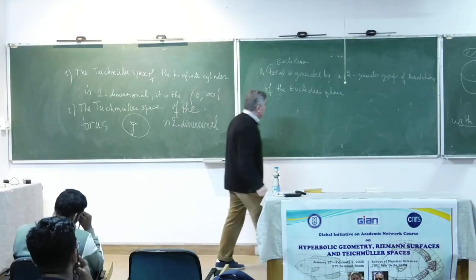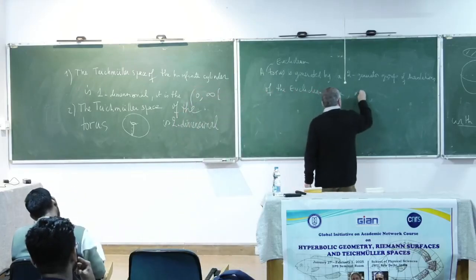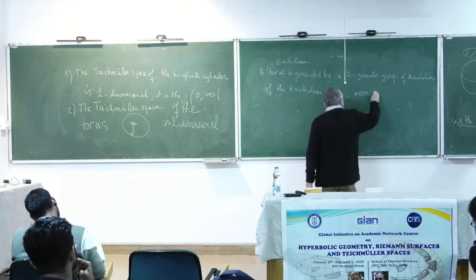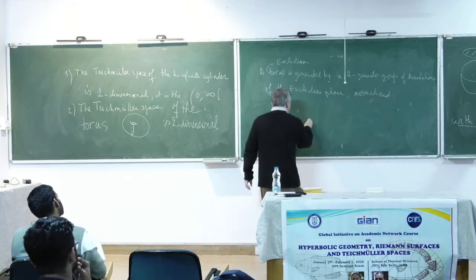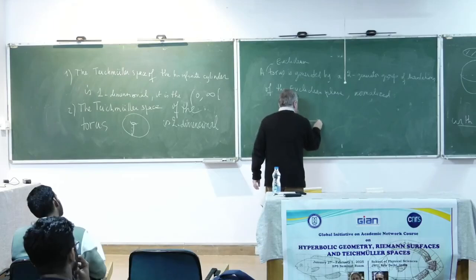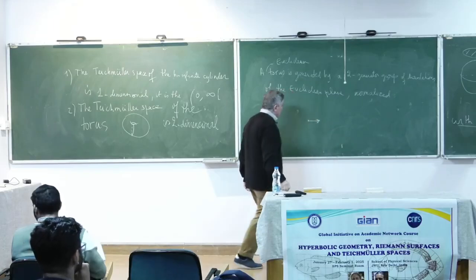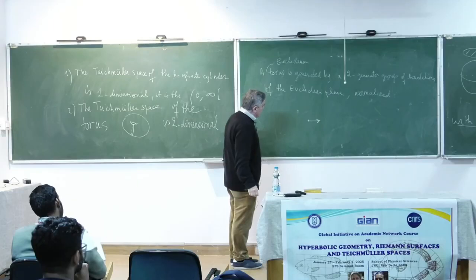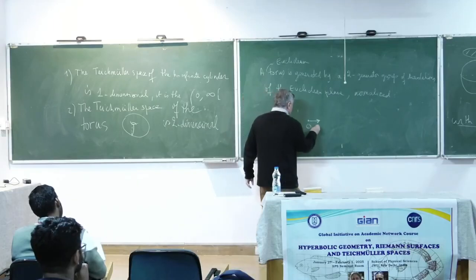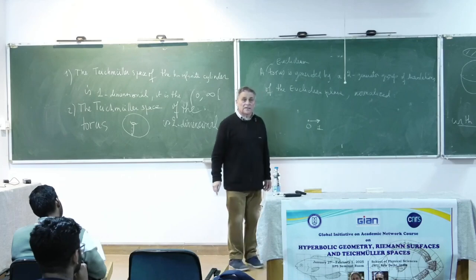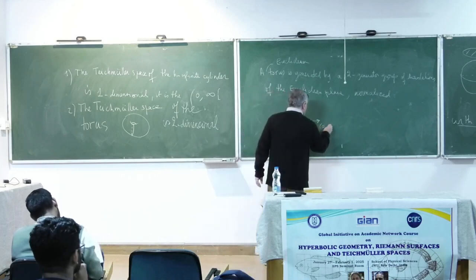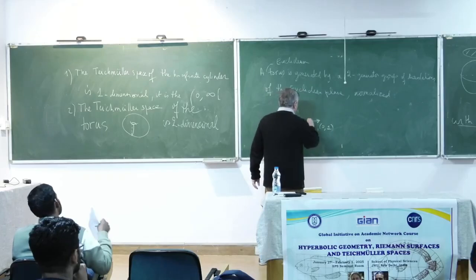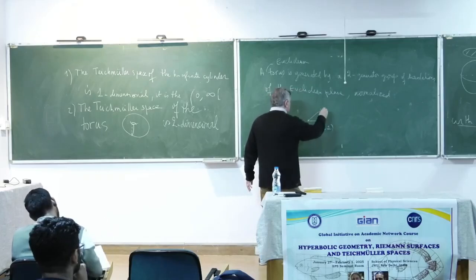And I can normalize. The one generator is this translation by this horizontal vector. So this is the vector 0, 1. And here it's another vector v.